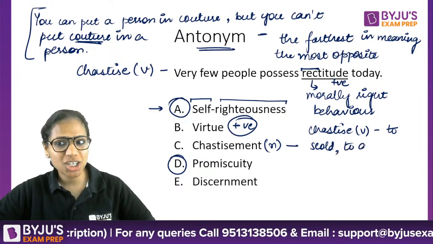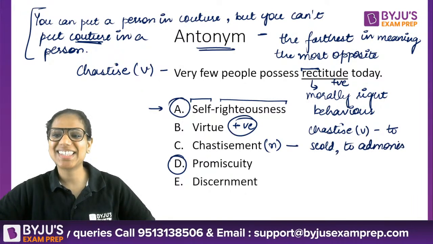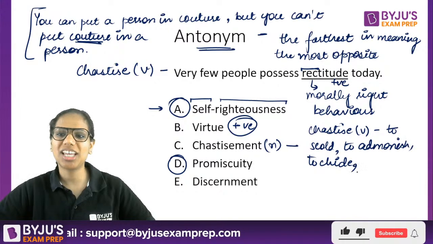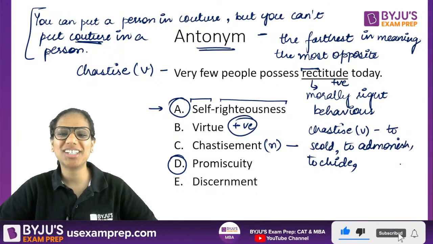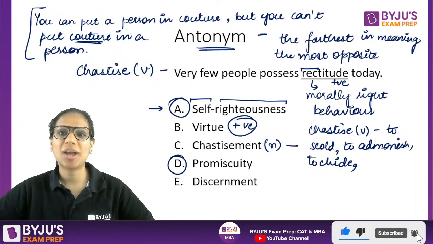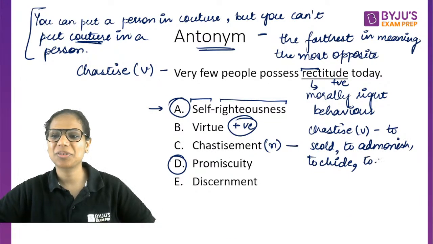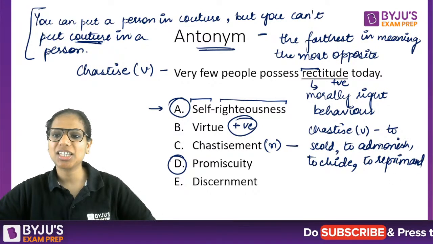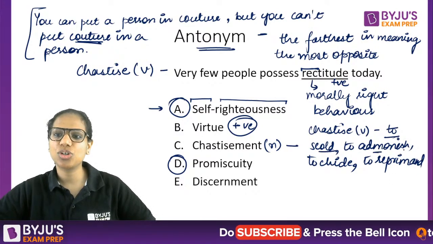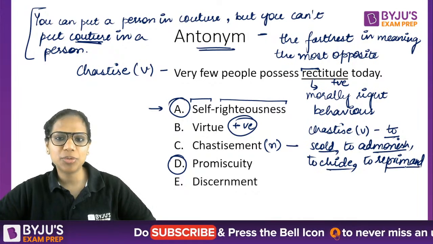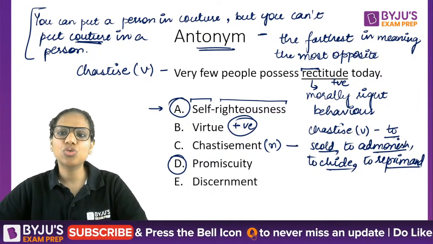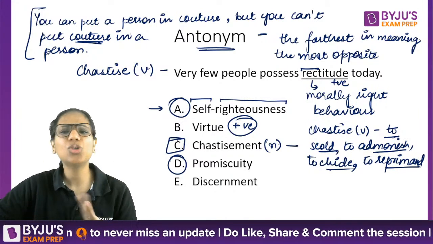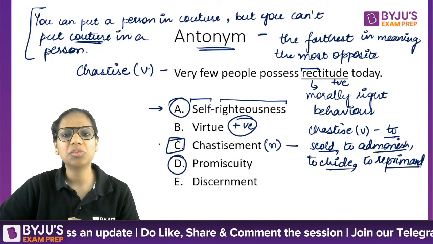To admonish. We did this, yes. To chide. We did one more vocabulary word related to this. To reprimand. Remember reprimand? Right? All of these, to scold, to admonish, to chide, to reprimand, they all mean to scold. So it's not related, right? It could be easily rejected.